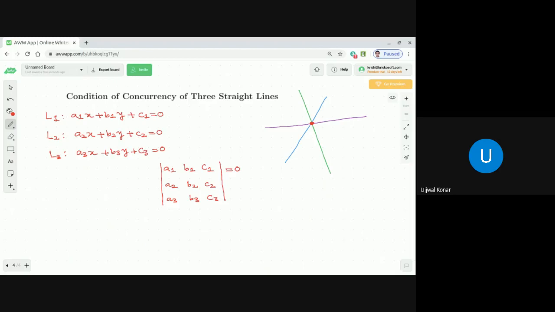It means both ways it is true. If the straight lines are concurrent, then the value of the determinant is 0, or if the value of the determinant is 0, then you can say that these three straight lines are concurrent.